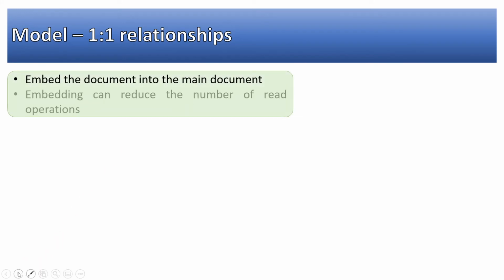As you are already aware, embedding can reduce the number of read operations from different collections. We will be able to read one collection in case all the data is embedded in a single collection, versus if the data is in two collections, we will have to use $lookup or query multiple times.